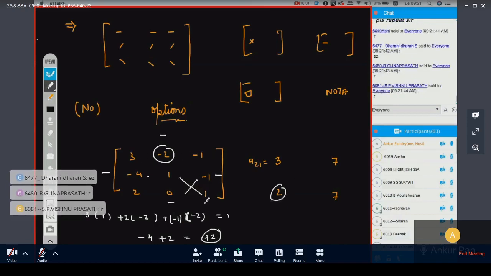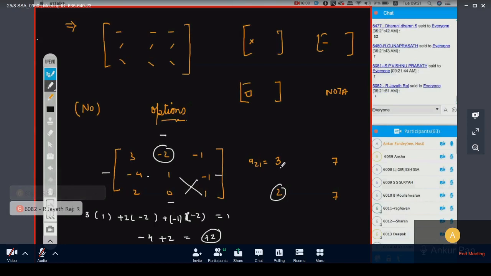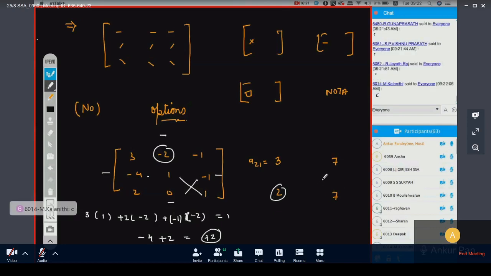Clear? See, the question was to find the inverse of this matrix. There were 4 options. What I did is, from the 4 options, I selected one such element which is different in all. So only one element was there which was different in 3 and common in 2. So we started calculating it. A21 is achieved by taking the adjoint of the cofactor of A12.